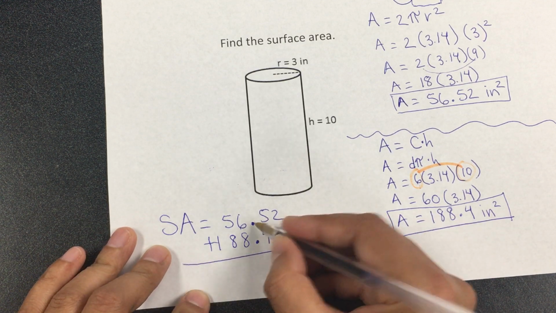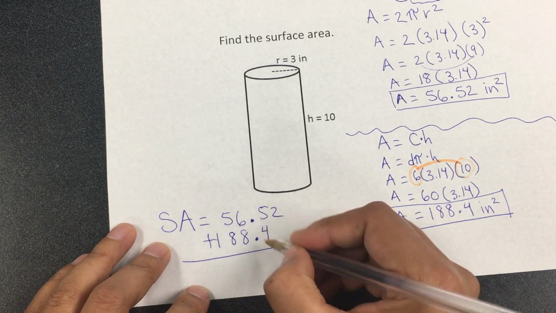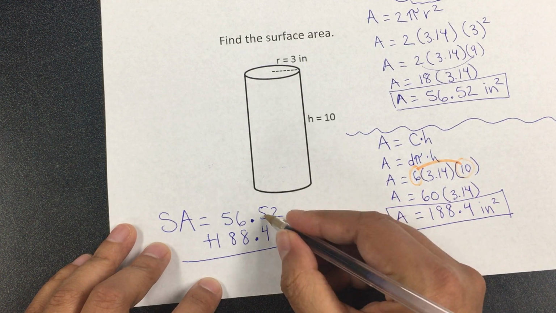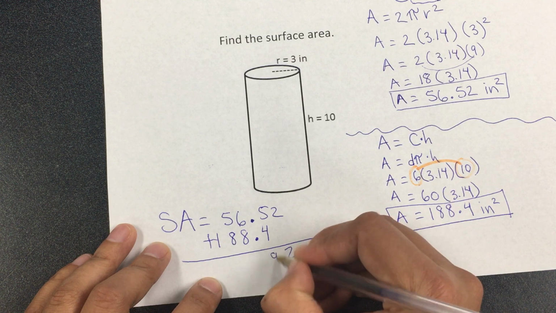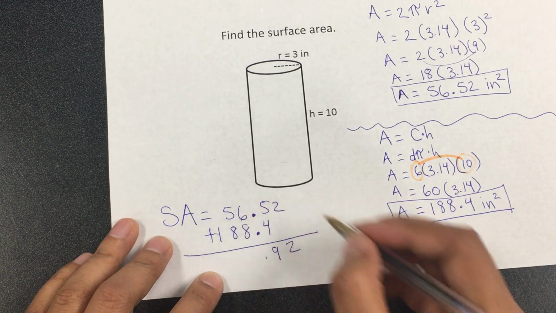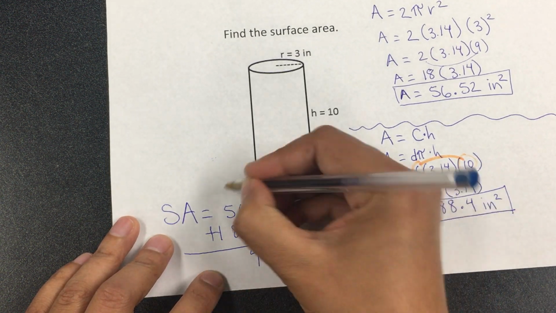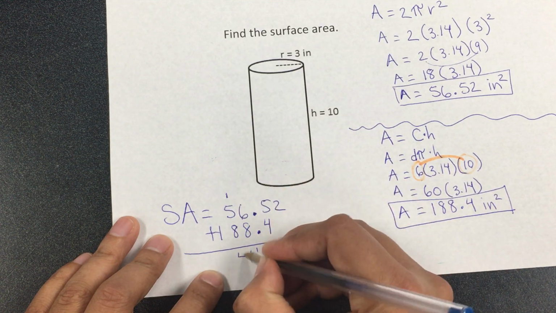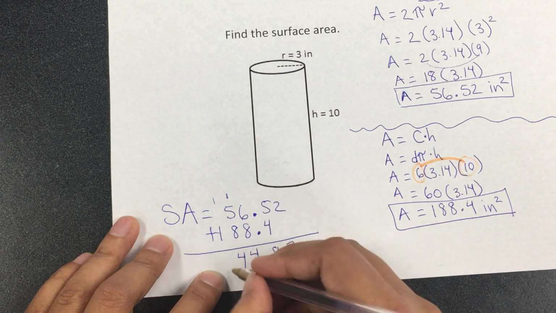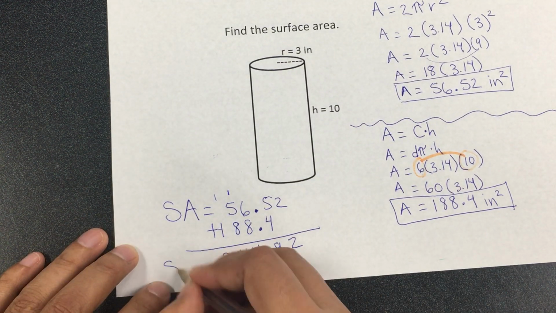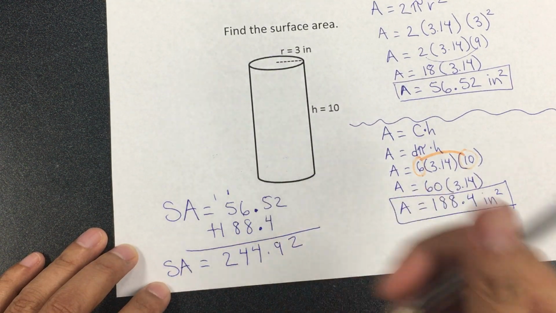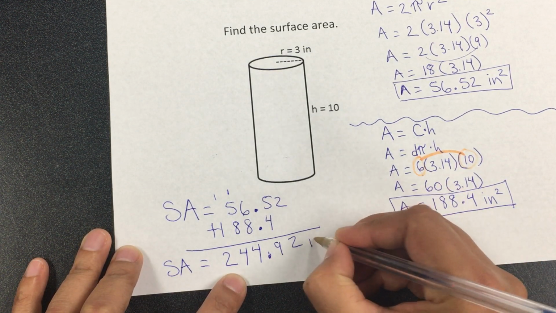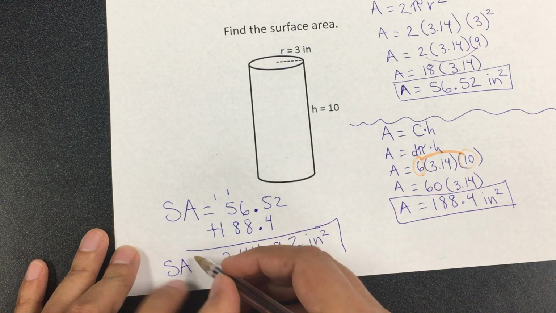Very important in addition and subtraction of decimals to align the decimal point. So 2 plus nothing is 2, 5 plus 4 is 9, 8 plus 6 is 14, carry 1, 8 plus 5 is 13, and 1 is 14, carry 1, and 1 plus 1 is 2. So the total surface area for this cylinder is 244.92 square inches.